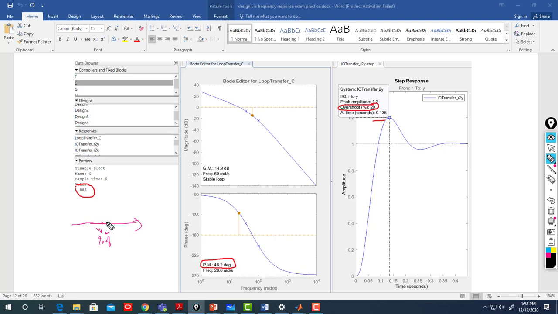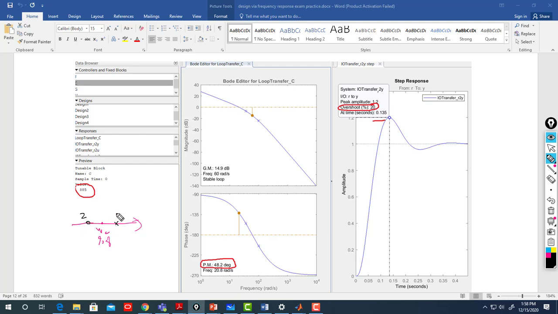Which comes first, the pole or the zero? It's a lead compensator, and remember, lead is the past, so it is equivalent to PD. Then your zero is here and your pole is here.